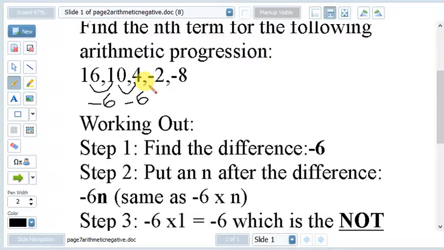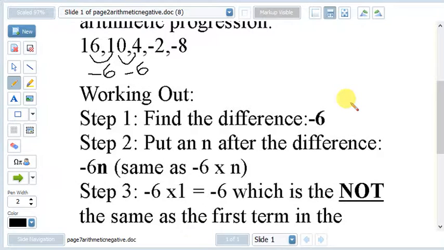Okay, so step one with all of these questions is, first of all, you work out the difference. And the difference in this case is -6. Step 2, we put an n after the difference. And what the n stands for, the n is quite simply the term in the sequence.